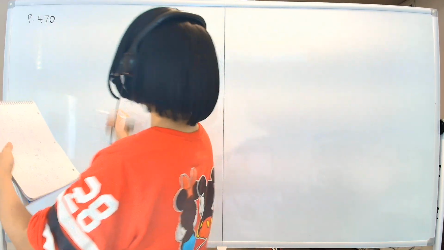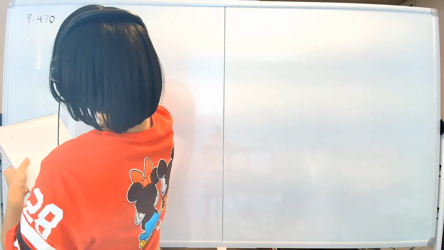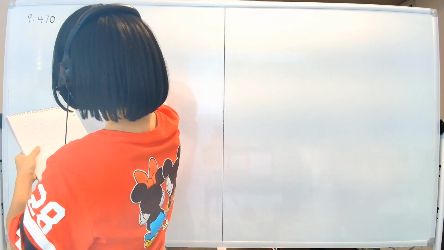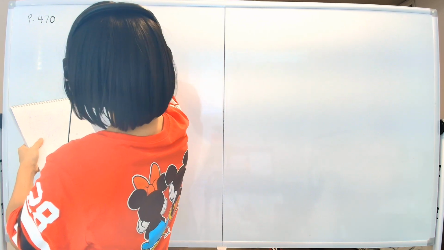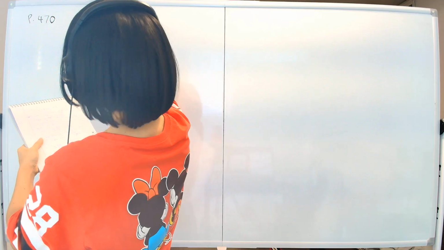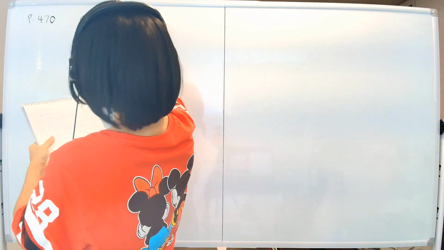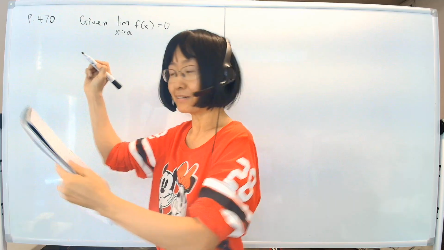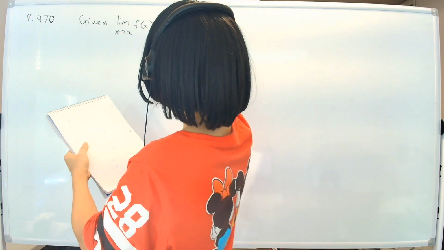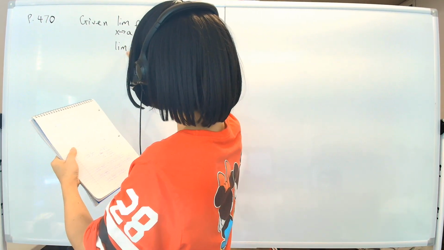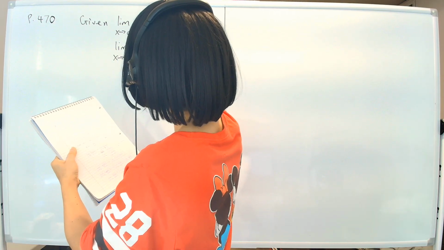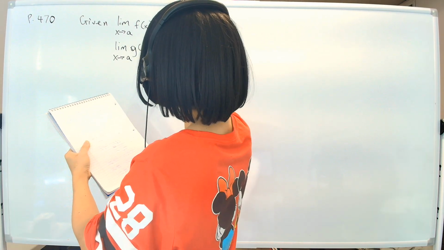So first we write down, here's what we know. We're given that the limit as x approaches a of f of x is 0. There are a bunch of zeros here, which makes it convenient. And the limit as x approaches a of g of x is also 0.